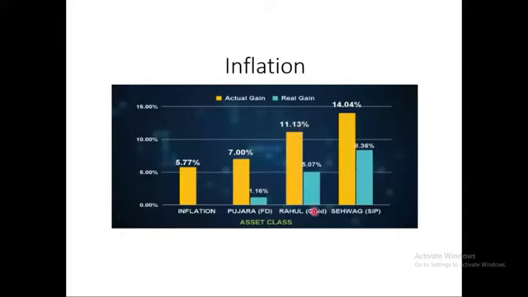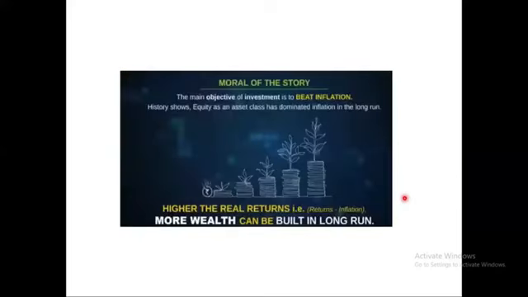If you minus the inflation, you get a real return of 5%. If you look at the equity market, historically equity has generated around 14% return. If you minus the inflation, you get a real return of 8%. Friends, the moral of the story is before investing in any asset class, you have to make sure whether it is beating inflation or not.